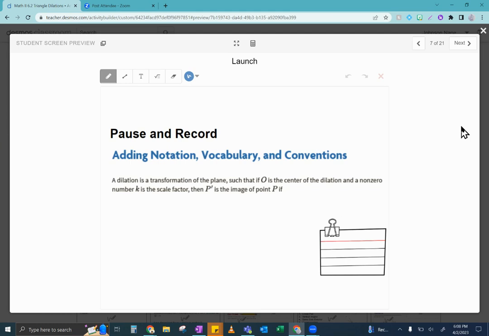So a dilation is a transformation of the plane such that O is the center of dilation and a non-zero number K is the scale factor. Then P prime is the image of P if O, P, and P prime. Oh, I'm reading the wrong notes here. Hold on a second. I thought I was on the right one and I'm not.